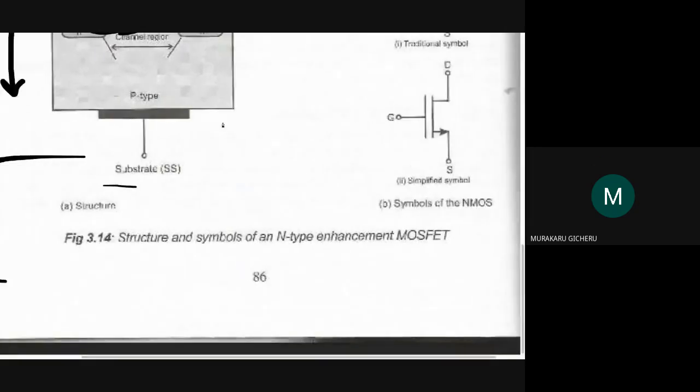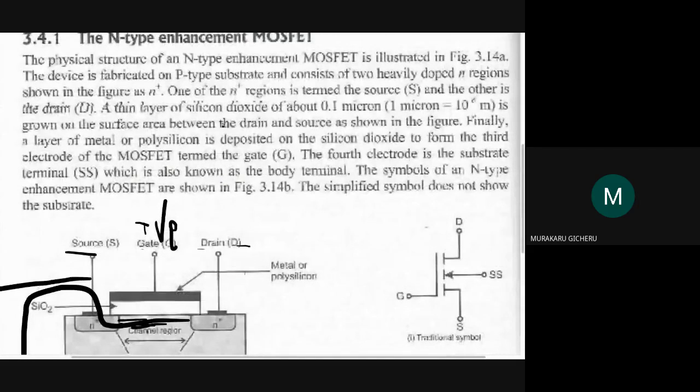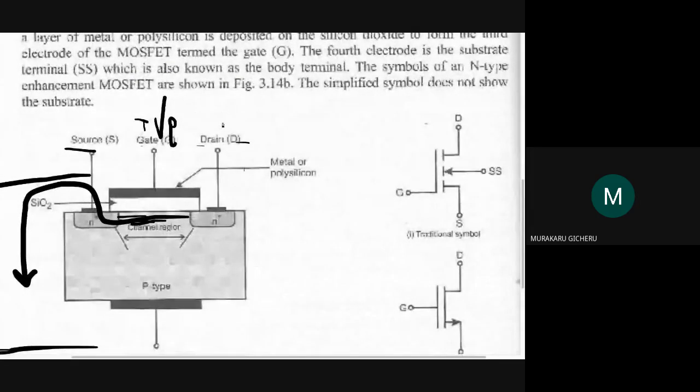This sufficiently high positive voltage is called V threshold, which is also termed VGS. In some parts, VGS and V threshold can be used interchangeably.